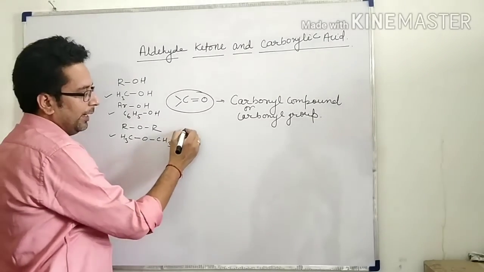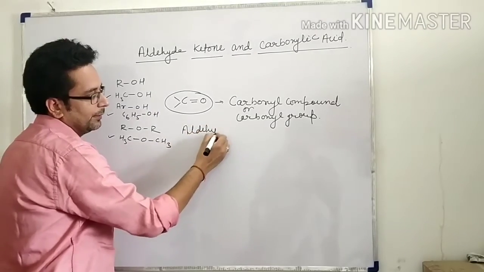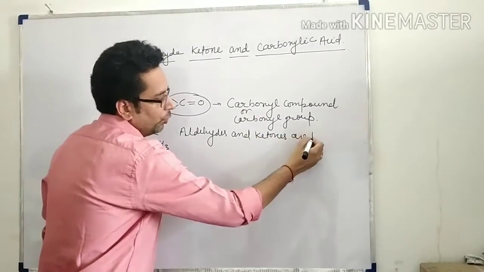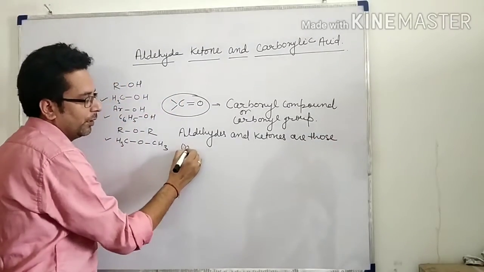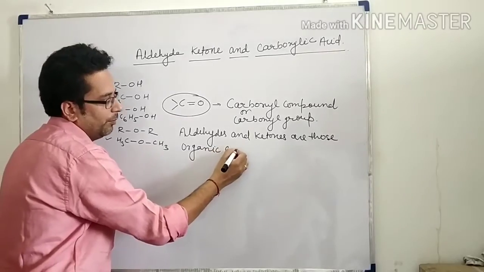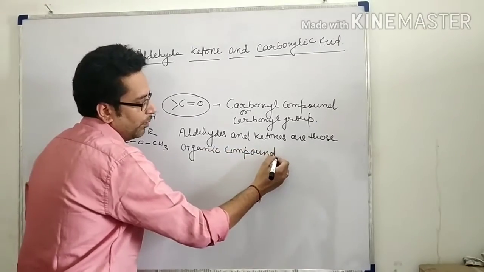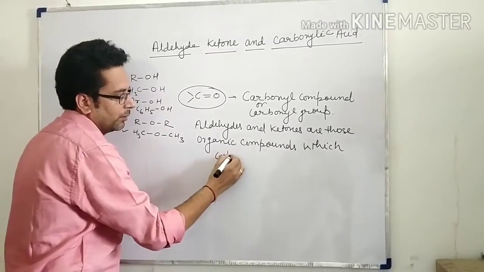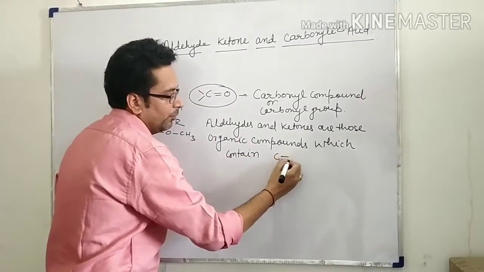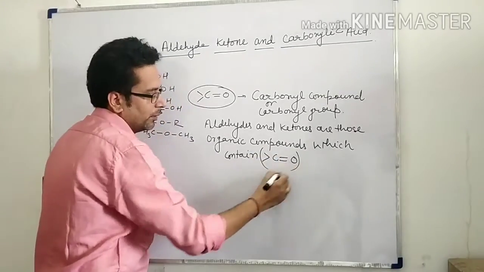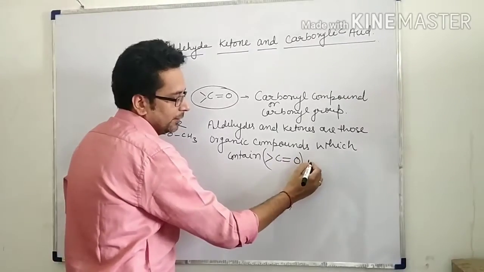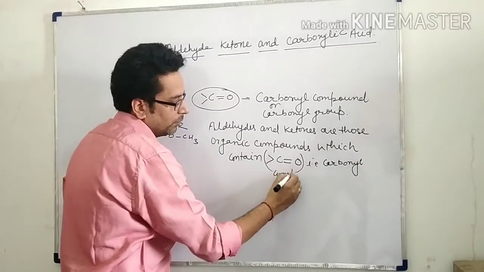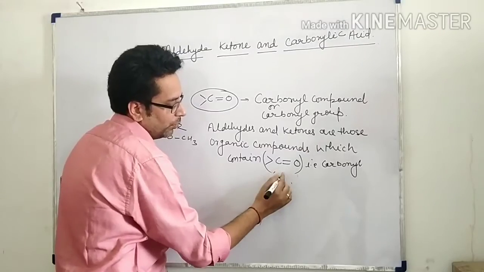So look here, aldehyde and ketone are those organic compounds which contain carbon double bond oxygen, that is the carbonyl group.